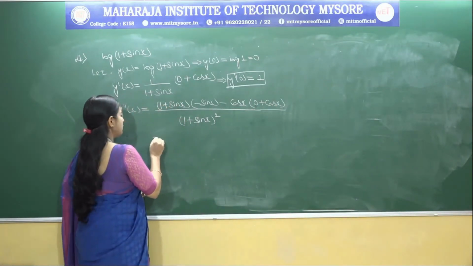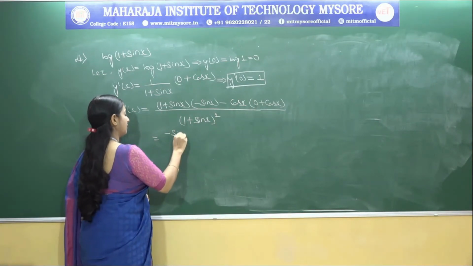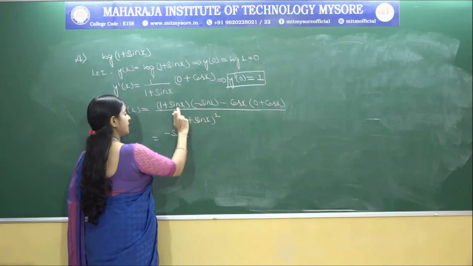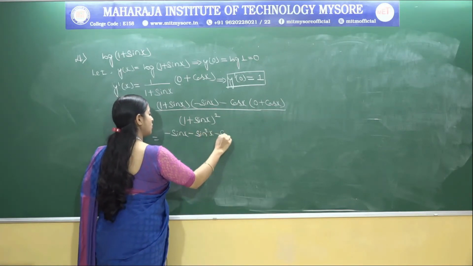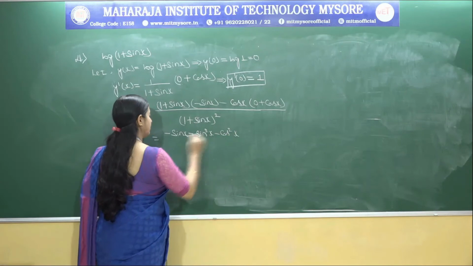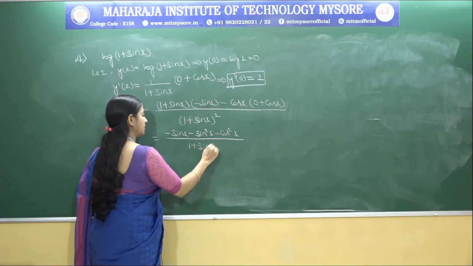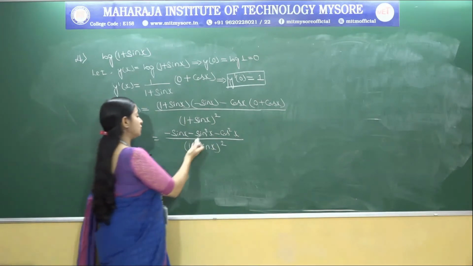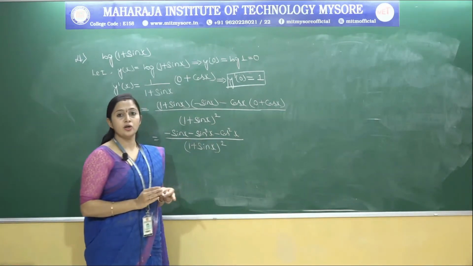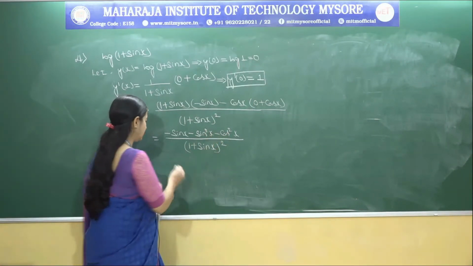Simplify this. First you multiply this negative minus sin x. So sin into sin, you will get sin square minus cos square x, denominator 1 plus sin x whole square. Since you know sin square plus cos square equals 1, take the negative sign outside, we will get this term as 1.